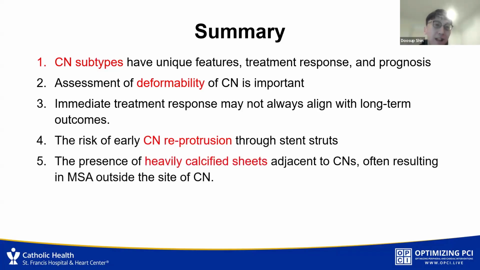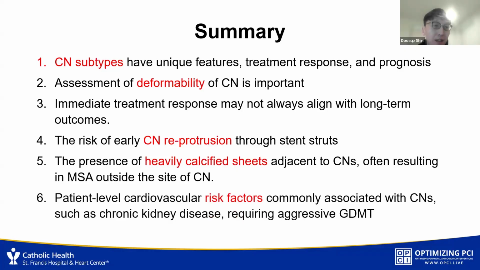The presence of heavily calcified sheet adjacent to calcified nodule often results in MSA outside of the calcified nodule. So the lesion prep really should be done in the entire lesion, not just focusing on the calcified nodule. And last but not least, the patient-level cardiovascular risk factors commonly associated with calcified nodule, such as chronic kidney disease, require aggressive GDMT to improve the outcomes.